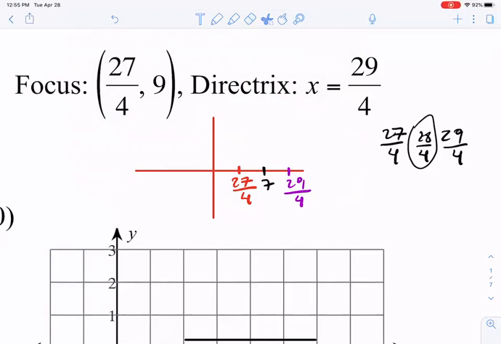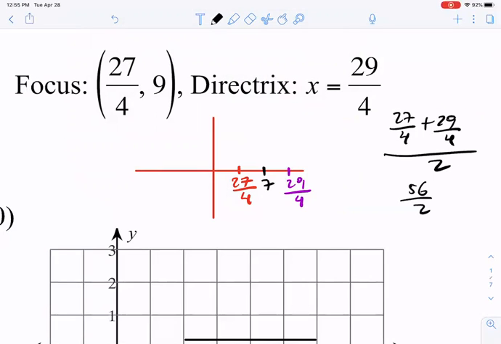And you may say, how? Well, I can show you. Take the average of those two numbers. So what is the average? 27/4 plus 29/4 divided by 2, you get 56/4 over 2. So you can do keep-change-flip if you want, or whatever is easier for you. So 56/2 times 1/2 is the same as 28.